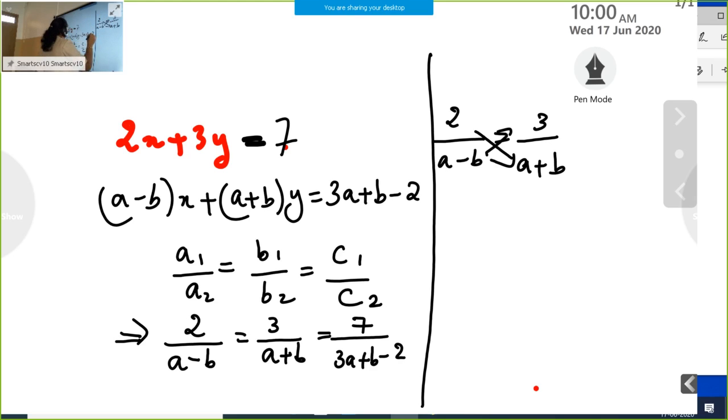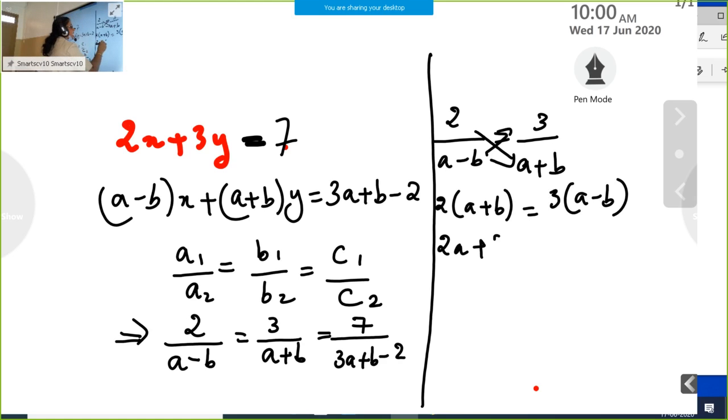That is 2 into a plus b is equal to 3 into a minus b, so 2a plus 2b is equal to 3a minus 3b.